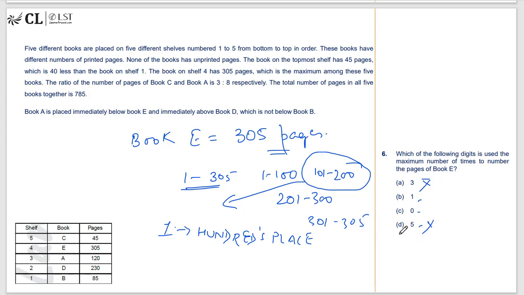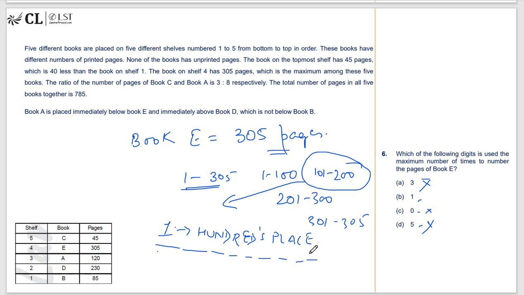That is not the case with 5. And of course, 0 at hundreds place holds no significance. So even if we don't count, the usage of 1 is going to be much higher, because 101 to 200 gives me 100 numbers where 1 has been used at hundreds place. That is not the case with other digits.